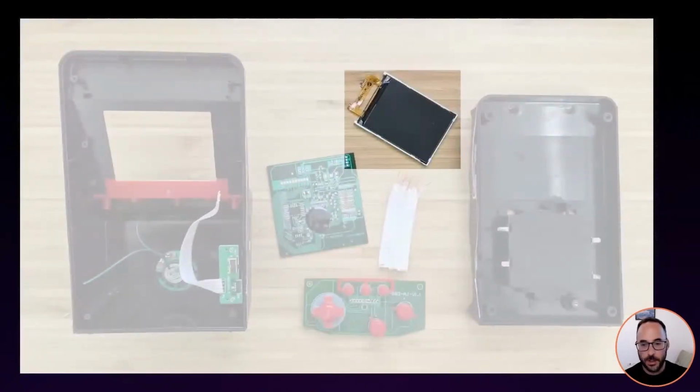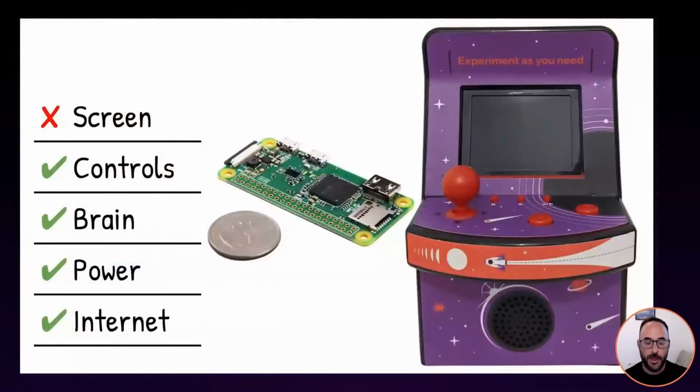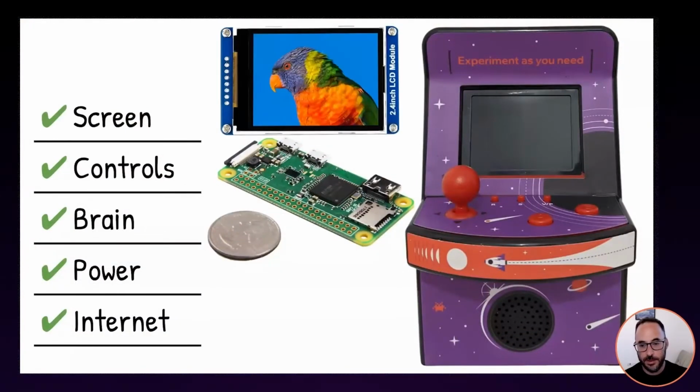Now I'm going to take a look at the screen. I thought about it for a little while and realized that I want to take a shortcut. I don't want to try to understand how to reprogram and what is the interface for the original screen that comes with the arcade machine. So I decided instead to find an alternative LCD screen, which just had to have the same form factor.